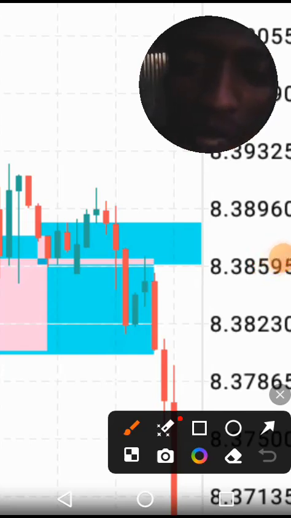Okay, so this is the black box here. So I sell down there, stop loss, targeting TP1 and TP2. Look at exactly TP2. Look what happened. Then we take partial 30% off, TP3 30% off, TP4 another 30% off.